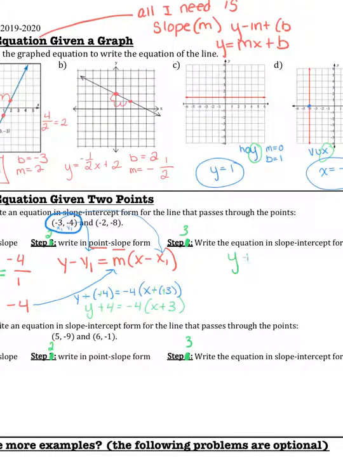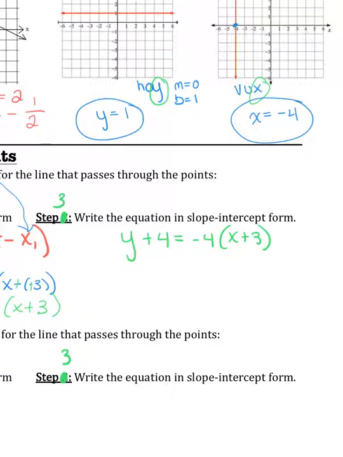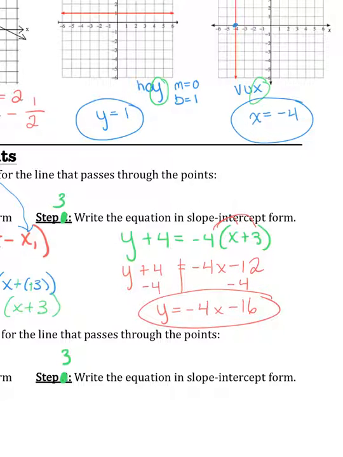So from here, I'm going to slowly start to get y by itself, right? So I'll distribute my negative 4, and that gives me negative 4x minus 12, and bring down the y plus 4, and finally, I'll go ahead and subtract 4 from both sides. And now I've written this equation not only in point slope form, but also in slope-intercept.